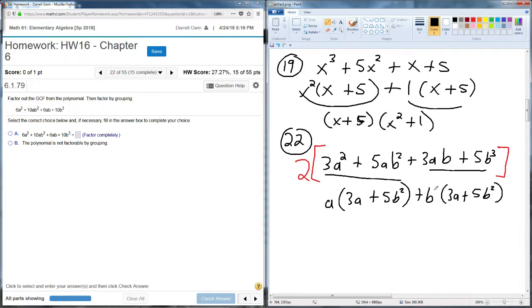Let's double check by distribution. b times 3a is 3ab, b times b squared is b cubed, yep. These two terms have the 3a plus 5b squared in common, and the leftover goes in parentheses, a plus b. Now, don't forget this 2, which should be part of your answer.